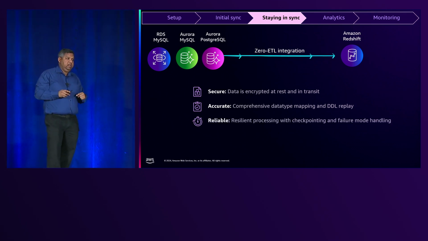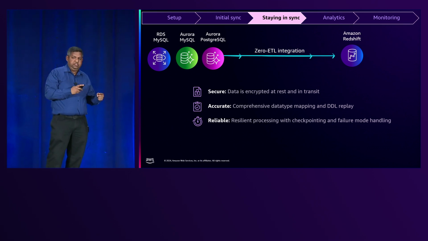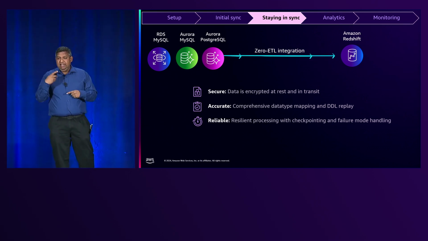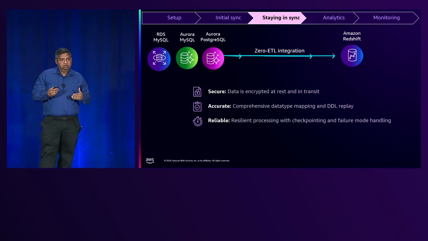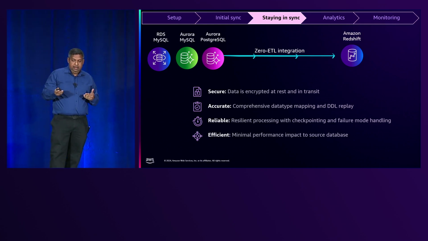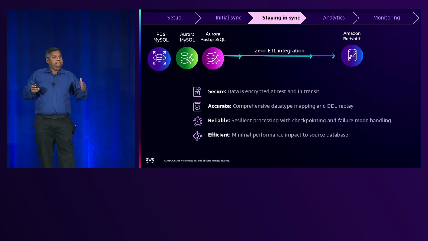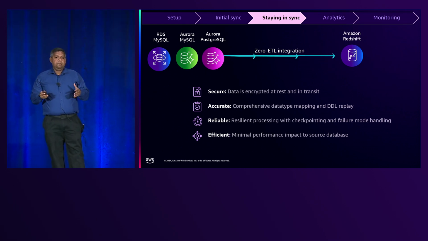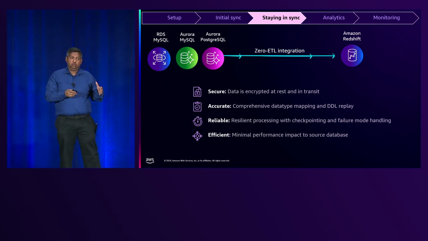On top of that, we focus on reliability. Reliability is more related to breaking changes that happen behind the scenes, and being able to automatically adapt to that. So that was the third priority that we used while designing zero-ETL. Then we make sure that there is minimum performance impact to the source database.